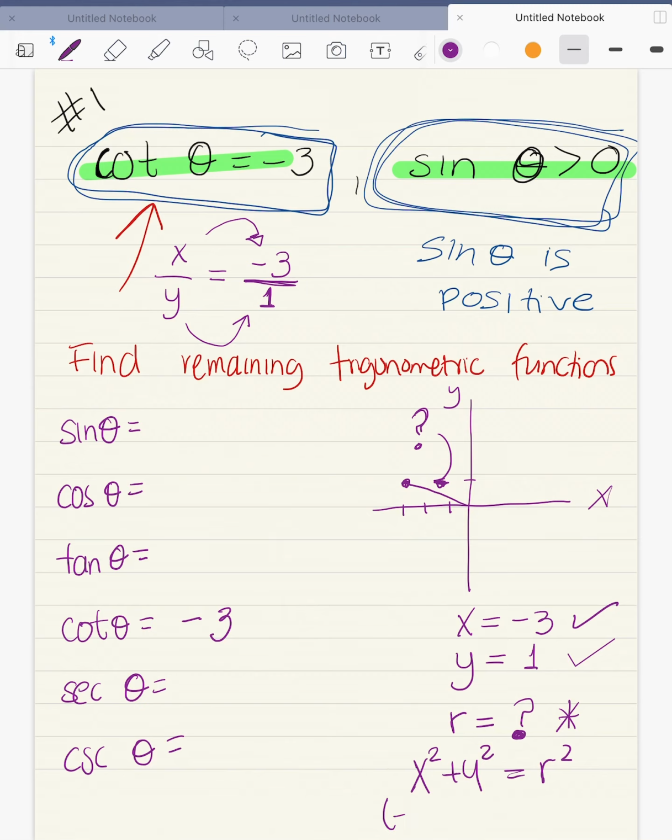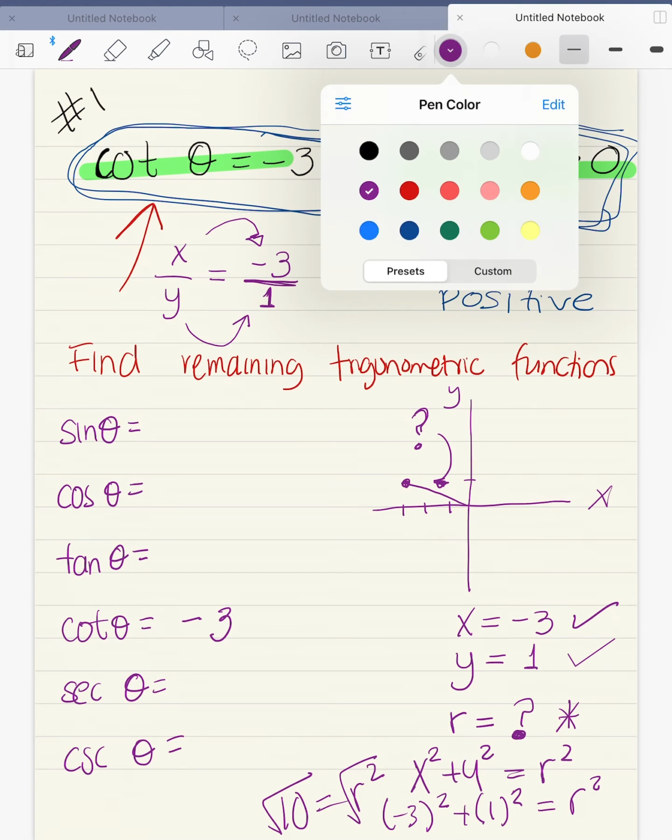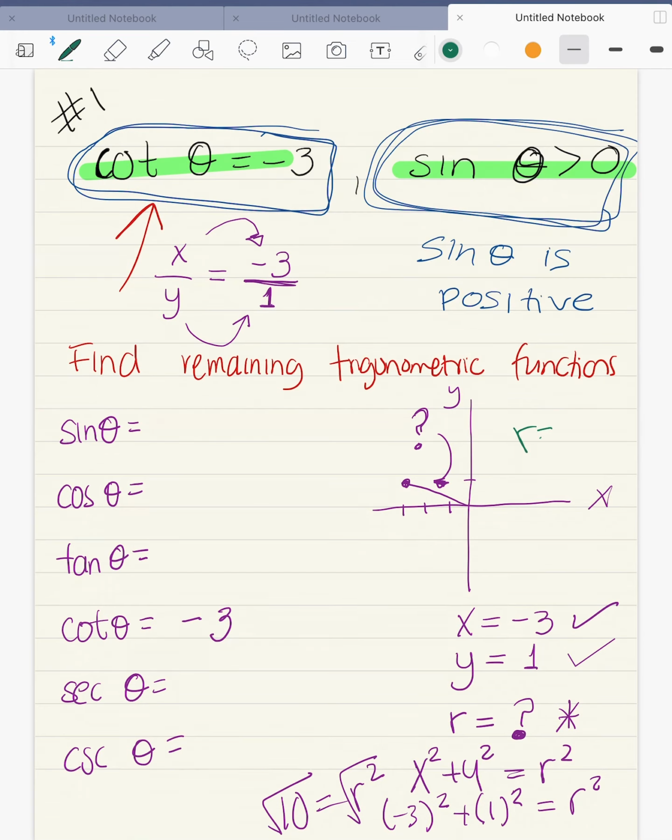So x is -3, so we want to square it, plus y is 1, we want to square that, and we're going to solve for r. -3 squared is 9, 9 plus 1 is 10, so 10 equals r squared, but we can just square root, so that means that the radius is square root of 10. Or the hypotenuse of the triangle, if you want to see it like that. The hypotenuse is square root of 10.